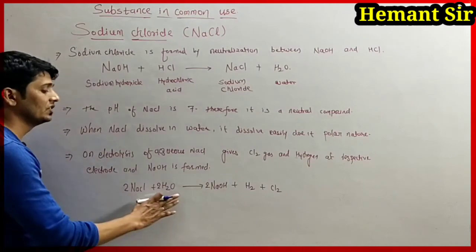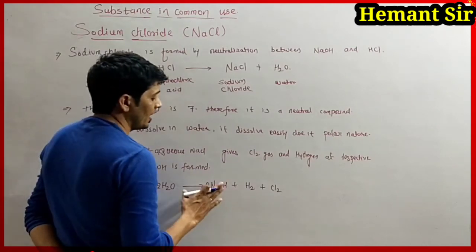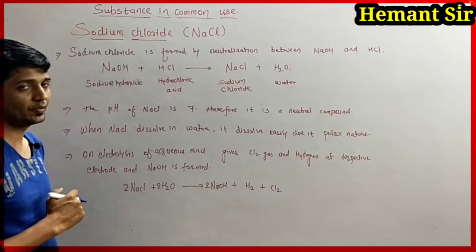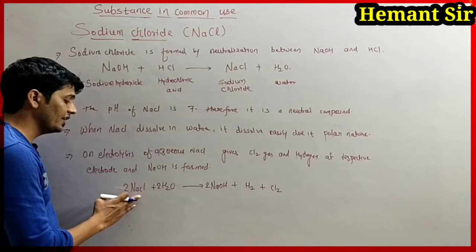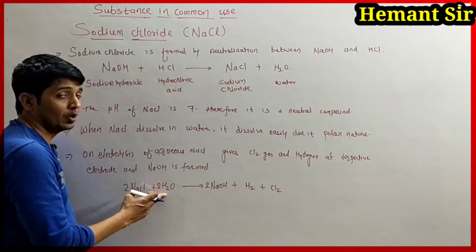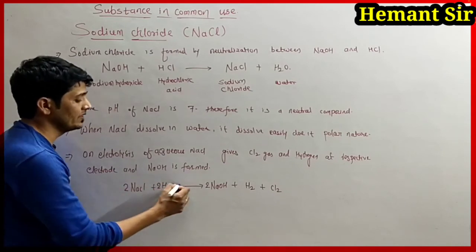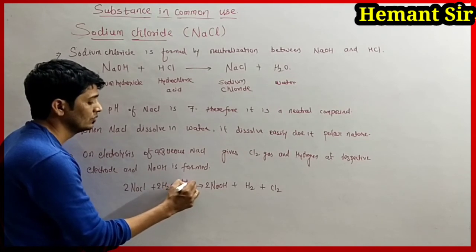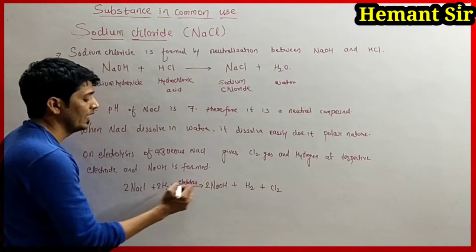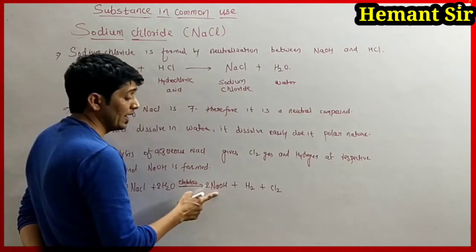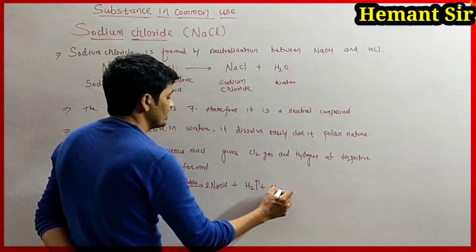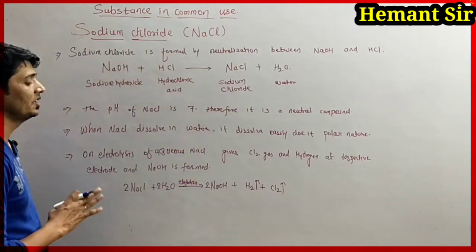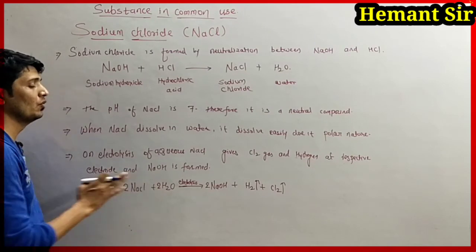This is nothing but the electrolytic reduction of NaCl. When NaCl is dissolved in water and electrolyzed, it is the electrolysis process. In this process, sodium hydroxide is formed and hydrogen gas and chlorine gas are liberated.